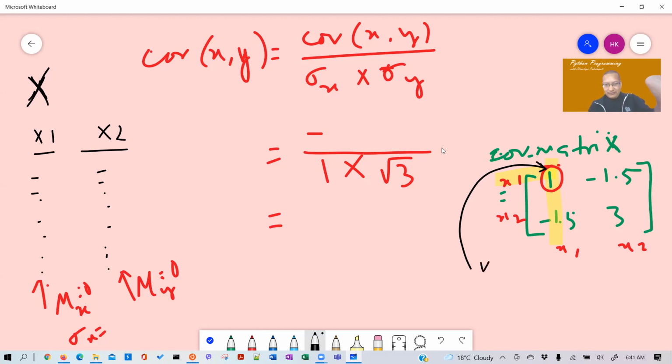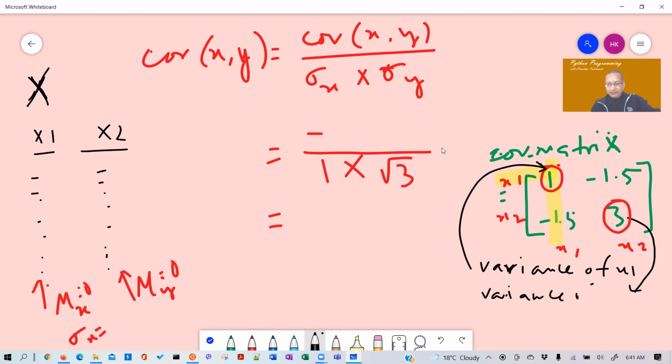Variance of x1, and this was your 3 here, variance of x2.